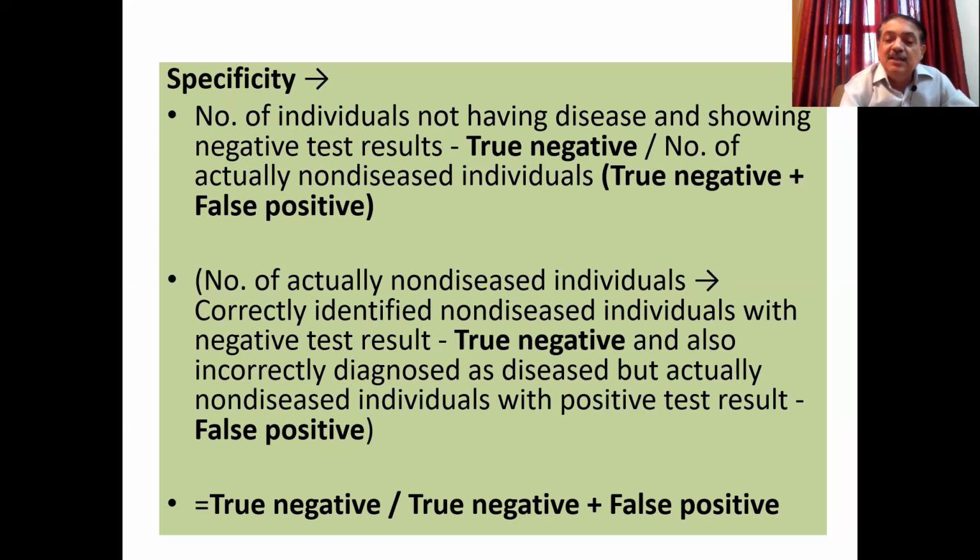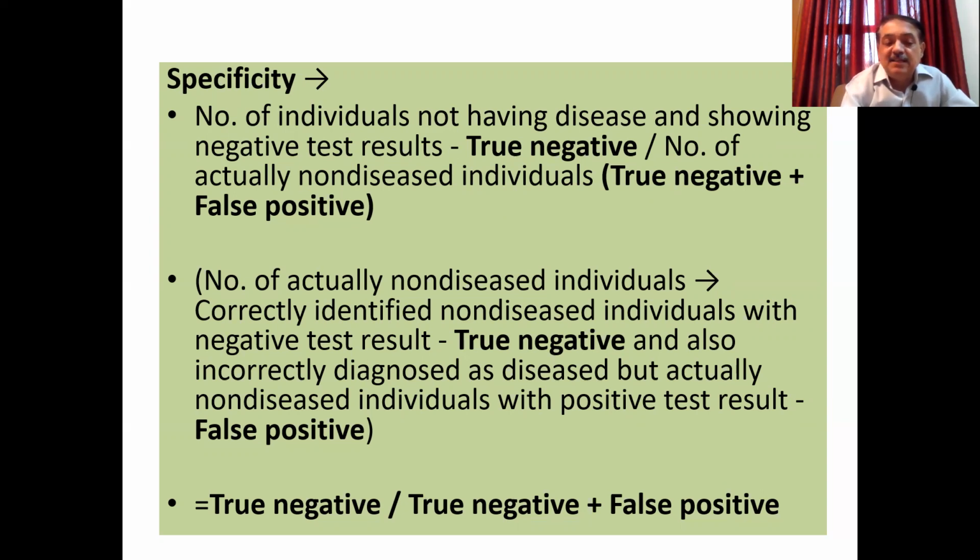That includes true negatives who we have correctly identified, but also those who are non-diseased but by error have been labeled as diseased, that is false positive. By error they are getting a positive result. Actually they are non-diseased, they should get a negative result, so they are false positive.